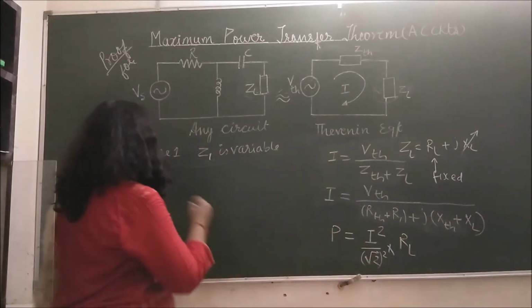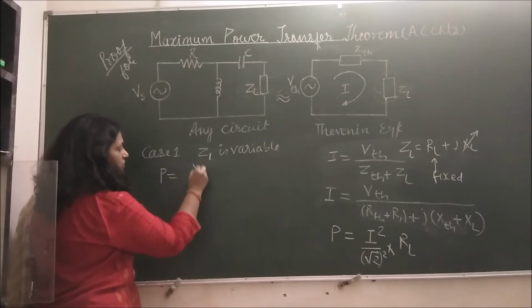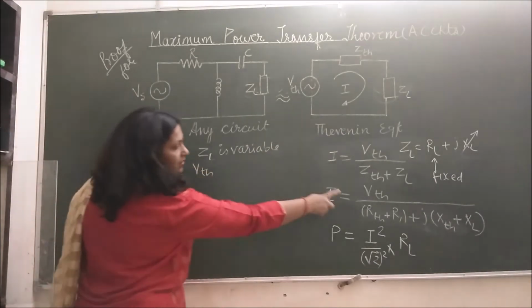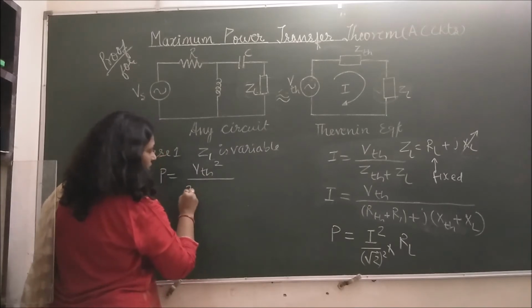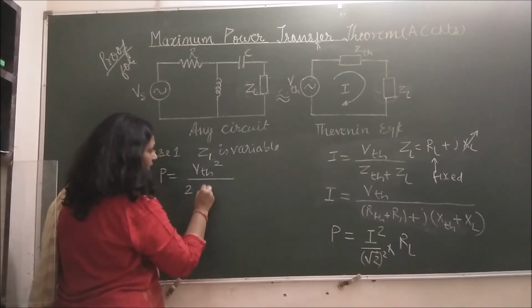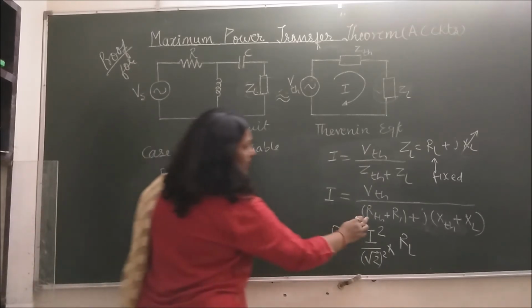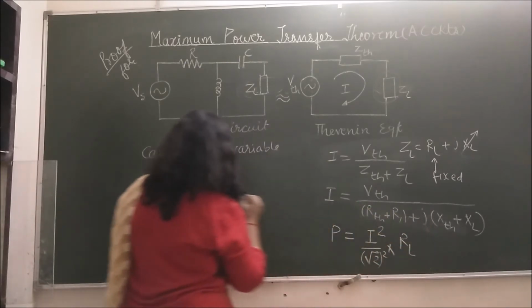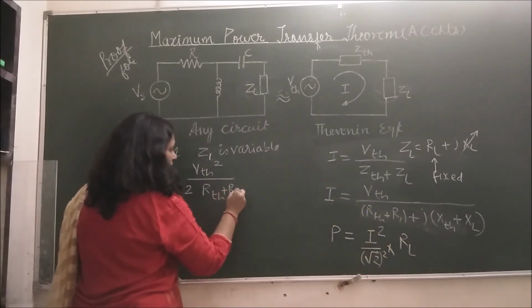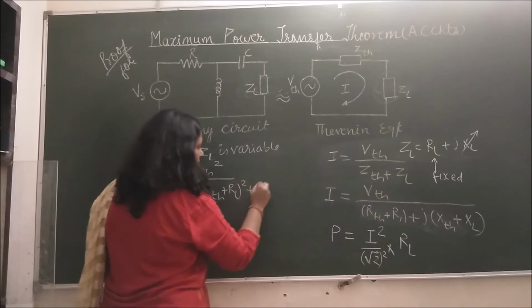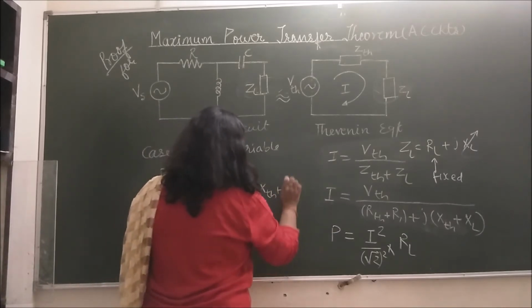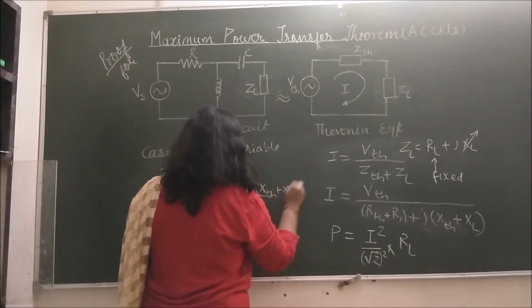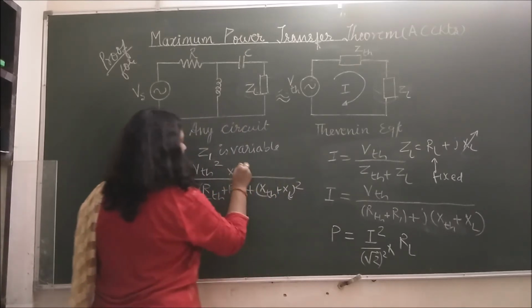So now write P in terms of VTH: VTH squared divided by 2, and square this complex term, separating the squares of the real and imaginary terms, multiplied by RL.